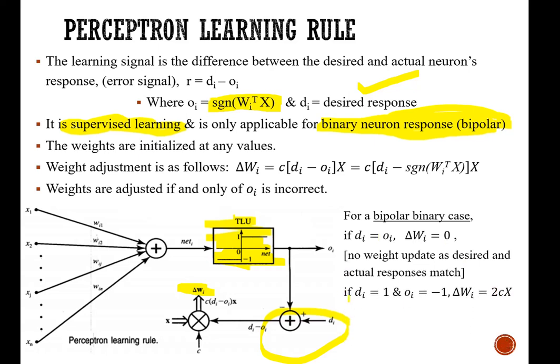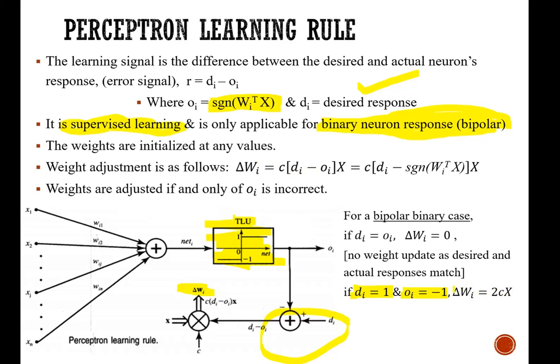But these two conditions are very important. If d_i is equal to 1 and o_i is equal to -1, they are not matching: the expected output is +1 and the actual output is -1. Substituting, 1 minus (-1) becomes 2, so the error signal becomes 2 and the weight increment will be 2cx.